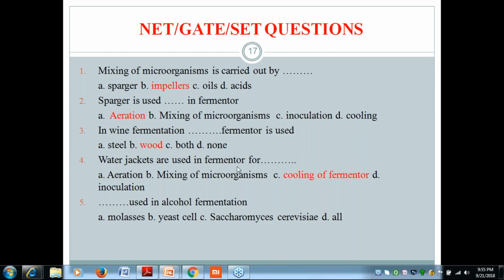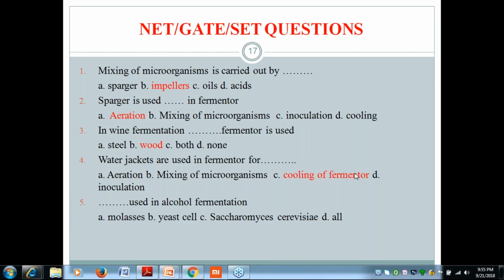Water jackets are used in the fermenter for aeration, mixing of microorganisms, cooling of the fermenter, or inoculation. Simple answer is cooling of the fermenter. The last one: dash dash is used in alcohol fermentation. Molasses, yeast cell, Saccharomyces cerevisiae, and all.